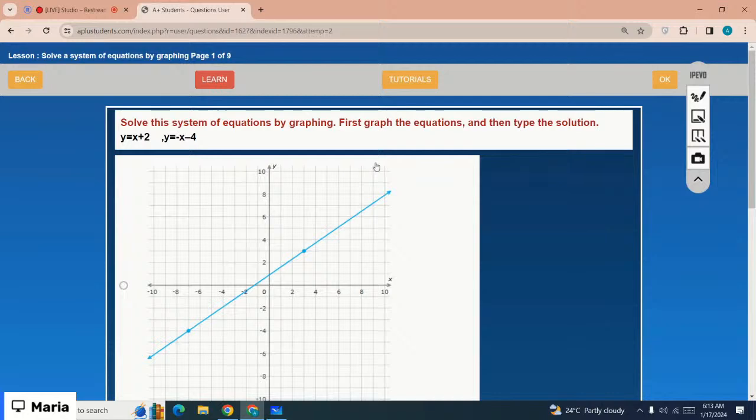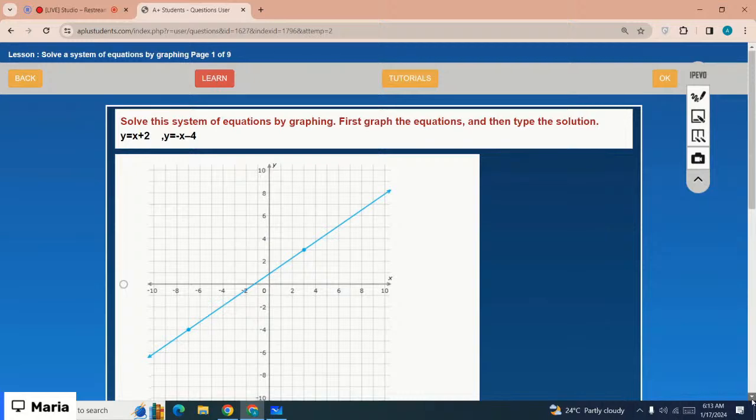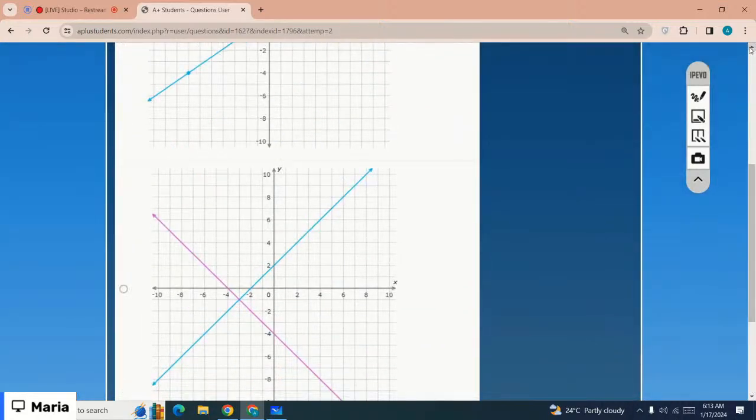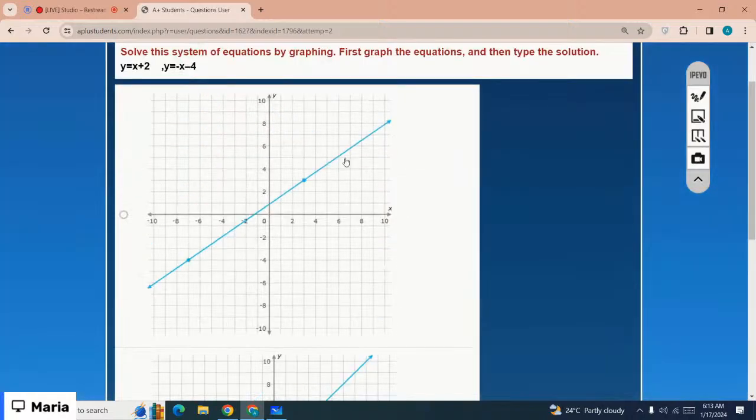Okay, solve this system of equations by graphing. First graph the equation and then type the solution. Okay, just look at the equations. The equations are y equals x plus 2 and y equals negative x minus 4.